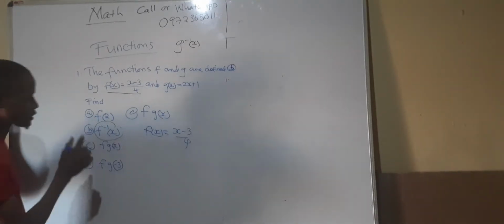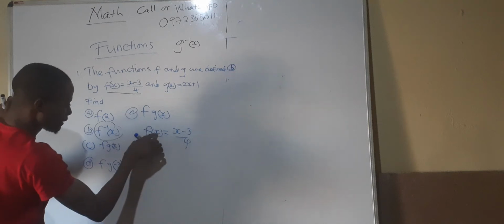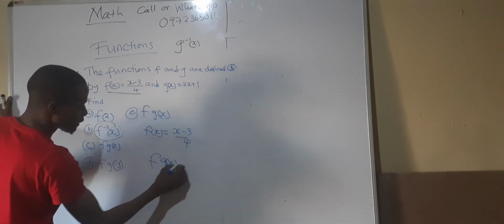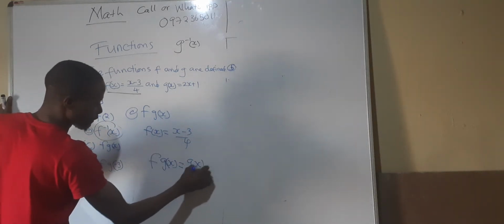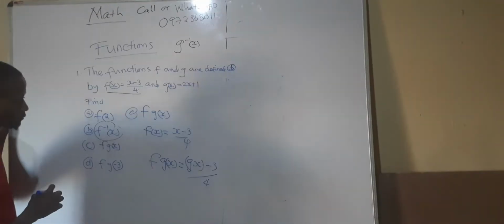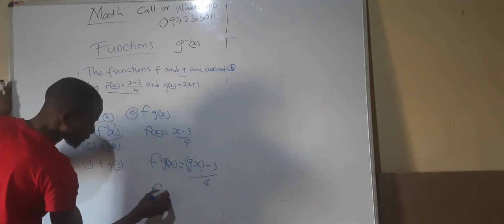So fg of x is equal to, where there is g of x, you put the function for g, which is 2x plus 1.